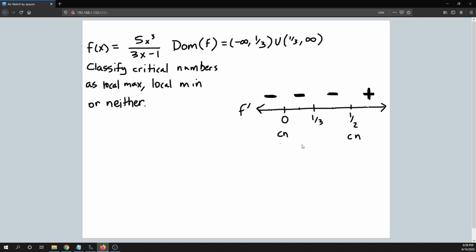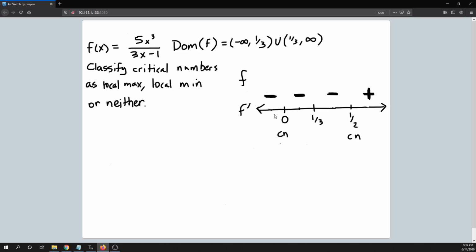Okay, so let's start with our first critical number, which is 0. We can look at the interval immediately to the left of 0, and we can see that the derivative was negative.